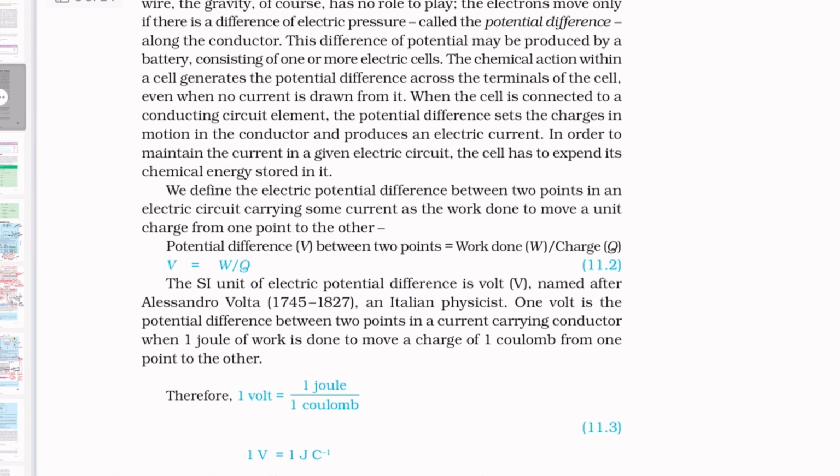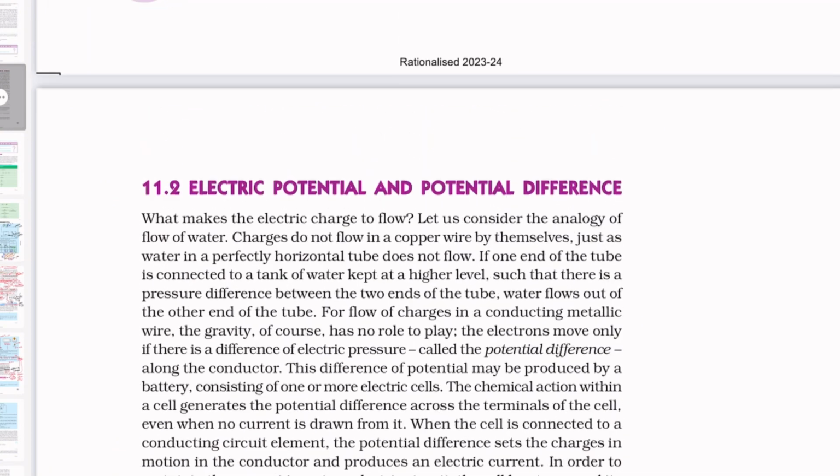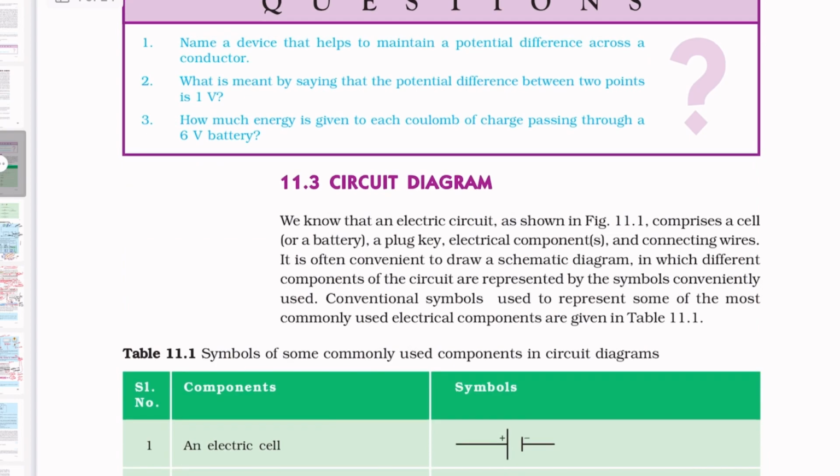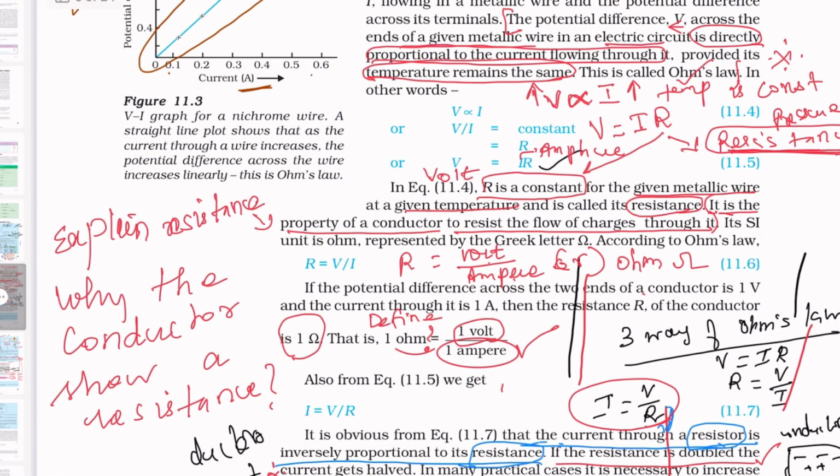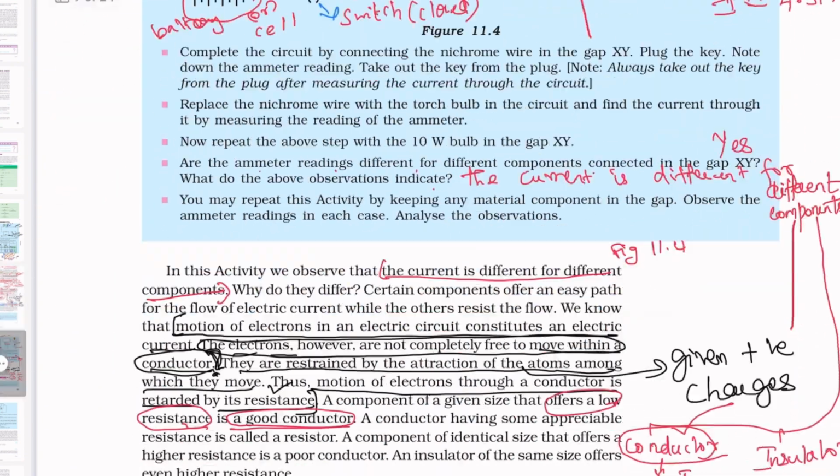It says clearly that the resistance is given by the conductor. Each conductor gives the resistance. Resistance is a property of a conductor. Each conductor will have the property of resistance. The property of resistance is nothing but that it will resist the flow of current.